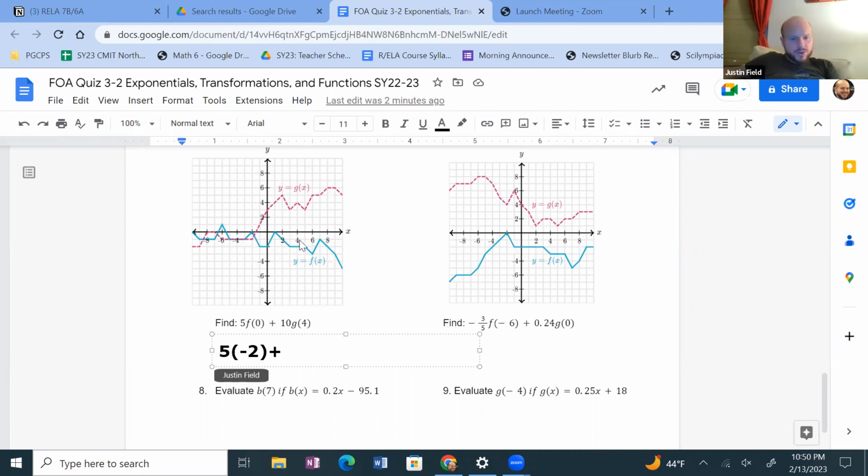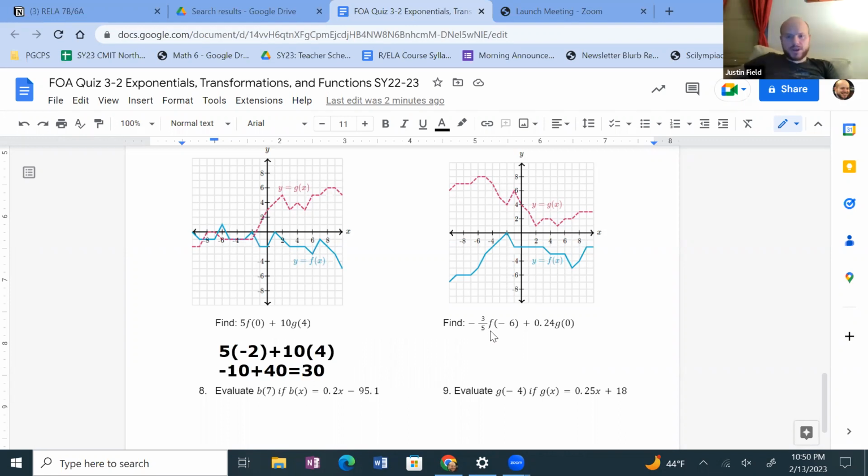So g of 4 is 4, so we're going to do 10 times 4. Then it's going to be -10 plus 40, which is 30. The answer was 30.